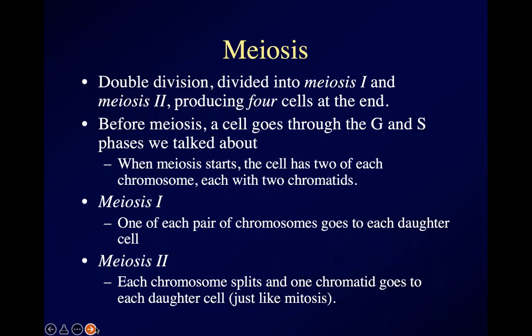And we call this meiosis 1 and meiosis 2, and you end up with 4 cells at the end. So every spermatogonium divides to produce 4 protosperm that mature into sperm cells or spermatozoa.